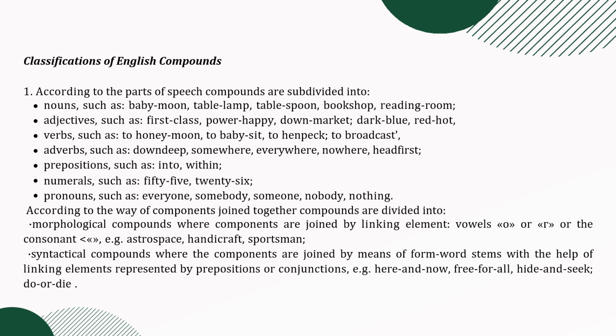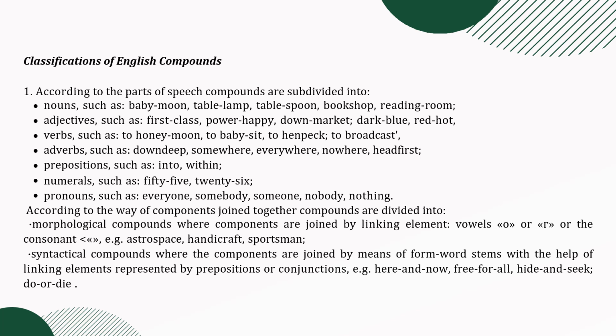According to the parts of speech, compounds are subdivided into nouns such as baby moon, table lamp, adjectives, for example, first class, power happy, down market, verbs, for example, to honeymoon, to handpack, as well as adverbs, prepositions, numerals, and pronouns.